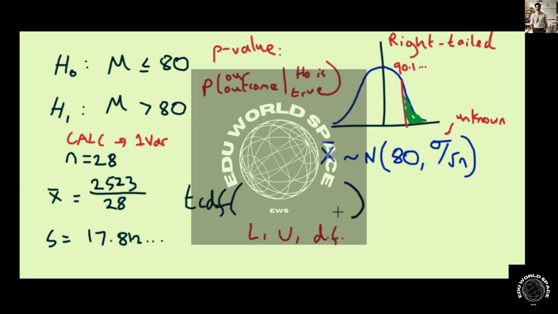I do need the test statistic. This won't let me put in a mean and standard deviation. So let me get that. Test statistic is the z-score. You take the raw value, you subtract the mean, which you think is 80, you divide by the standard deviation, or here, s over root n. So, x bar minus 80 divided by s over root 28.